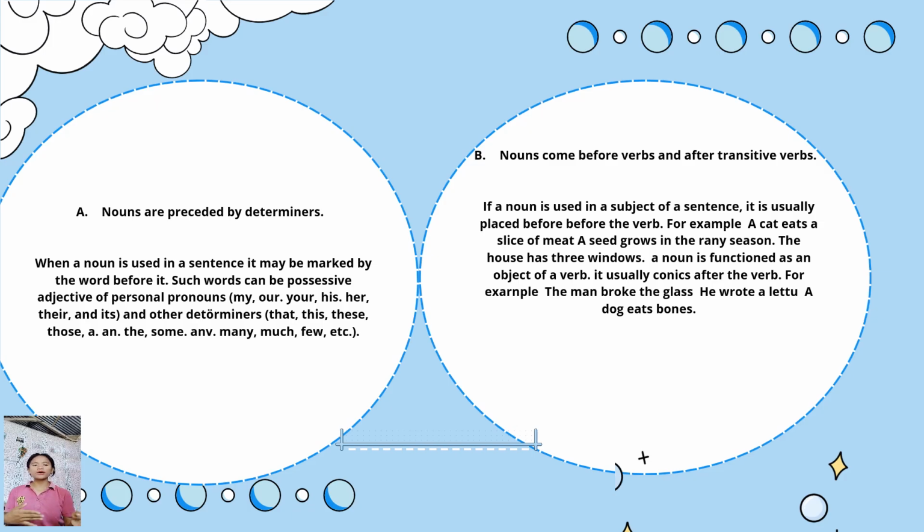And another example, the house has three windows. A noun functioned as an object of a verb is usually placed after the verb. For example, the man broke the glass, or he wrote a letter, or the dog eats bones.